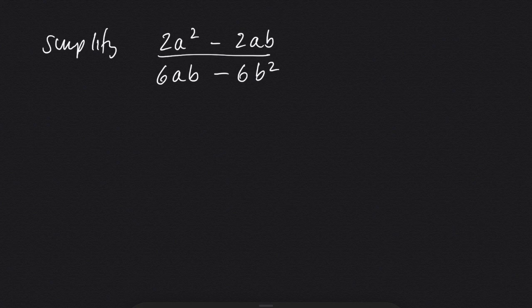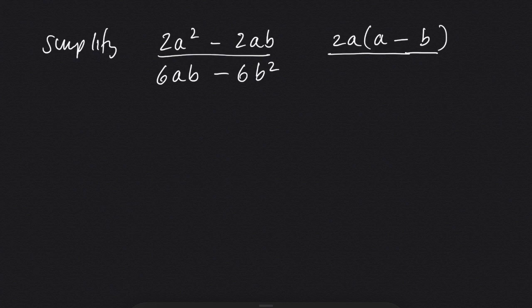In the top, there is a common factor of 2 on both terms. There's also a common factor of a. So we can then set up a set of brackets. How would we get to 2a squared? 2a multiplied by a gives us 2a squared. Likewise, 2a multiplied by b will give us 2ab.